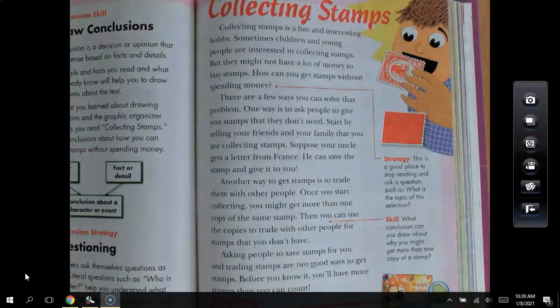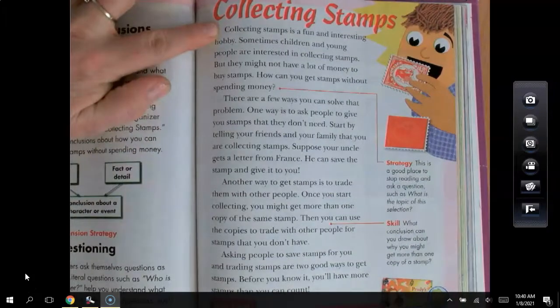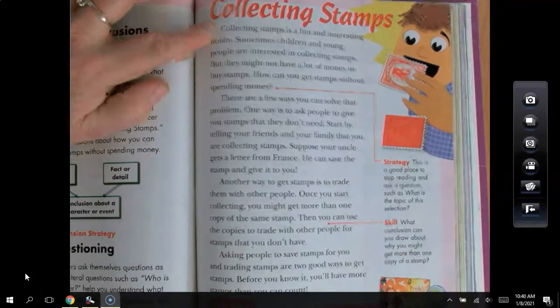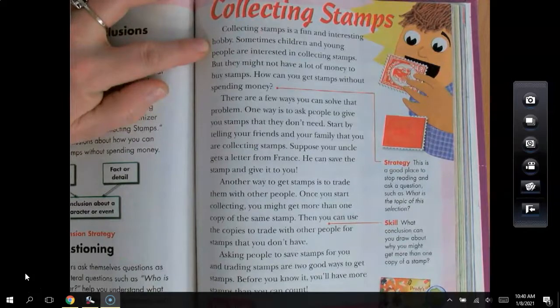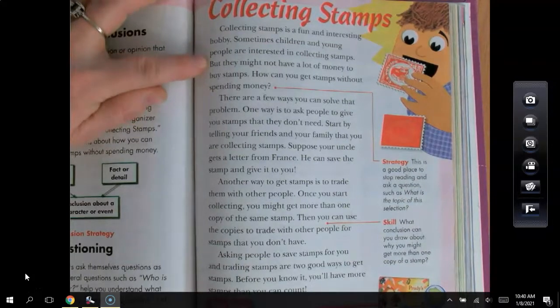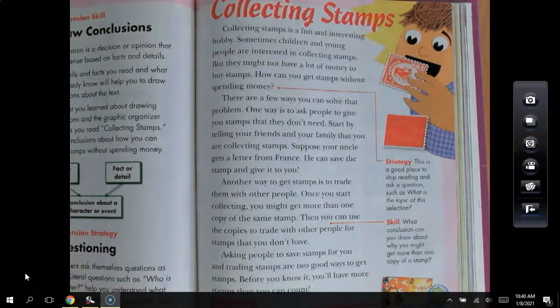Okay, so let's start with paragraph 1. It says, collecting stamps is a fun and interesting hobby. Sometimes children and young people are interested in collecting stamps, but they might not have a lot of money to buy stamps. How can you get stamps without spending money? Let's stop there and talk for a minute, okay?